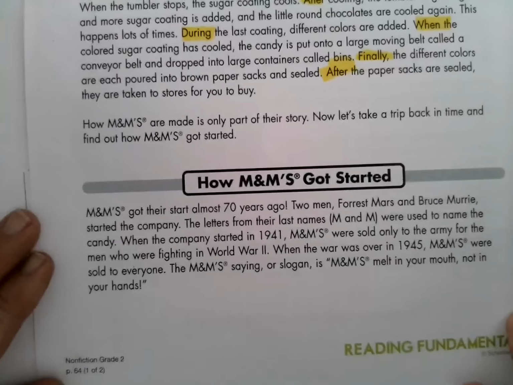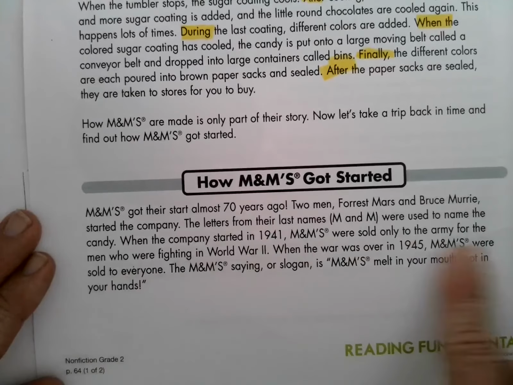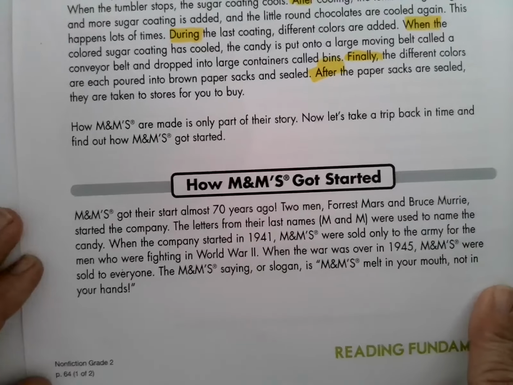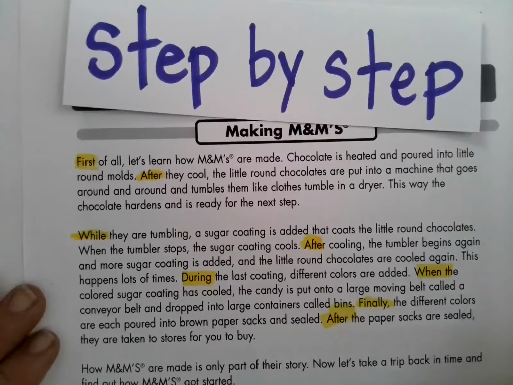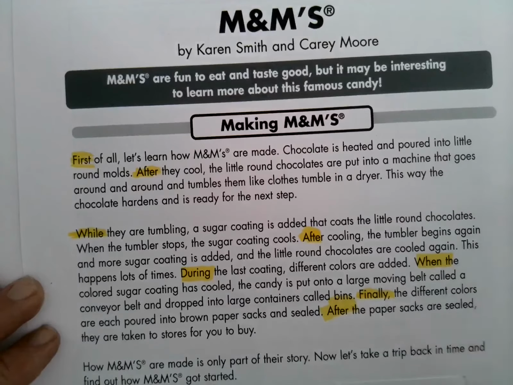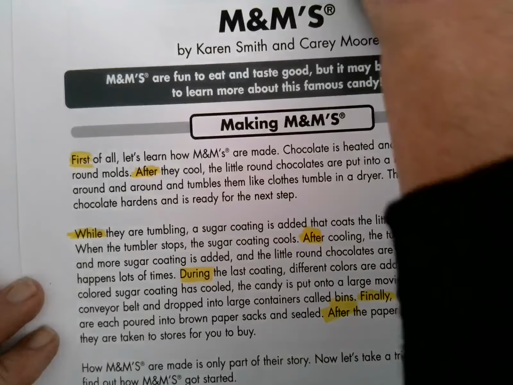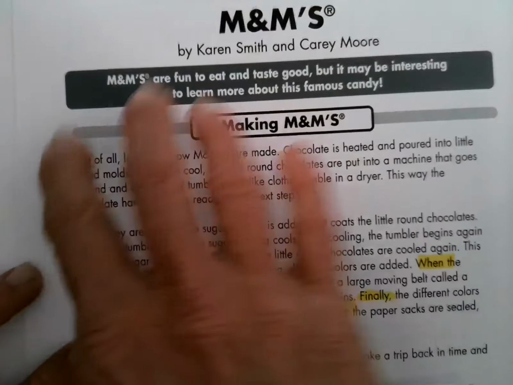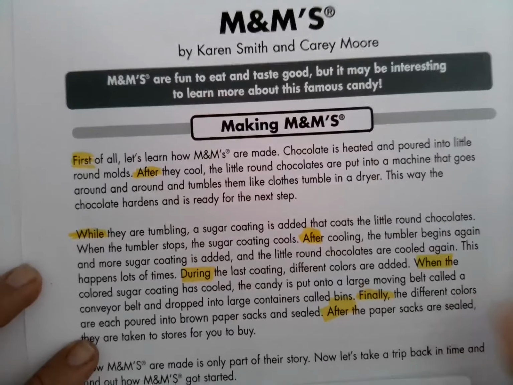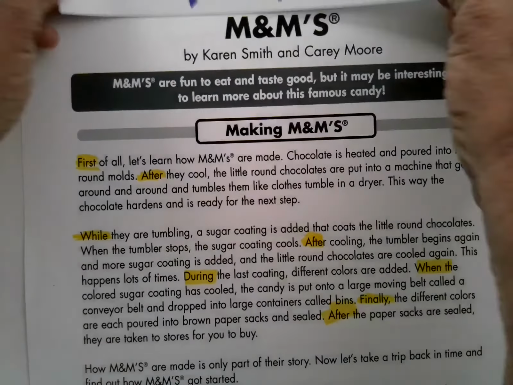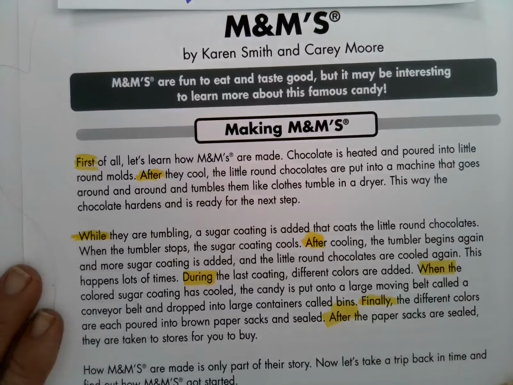And then the next section is how they got started. So it tells us the history of M&Ms. This one, let's look at all of these words that I've highlighted. Those are our signal words that tell us that the story is moving in time, or that there is a certain order.